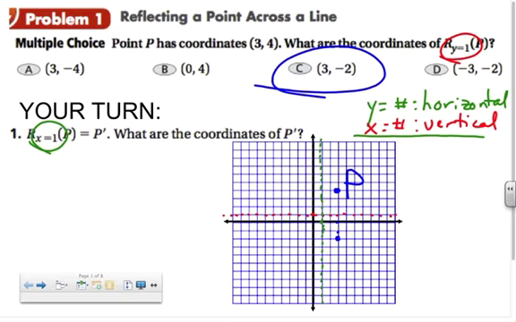Since point P is 2 spaces to the right of that green line, its reflected image will be 2 spaces to the left. 1, 2. There is my reflected image, P prime, for this your turn, and it is located at -1, 4.